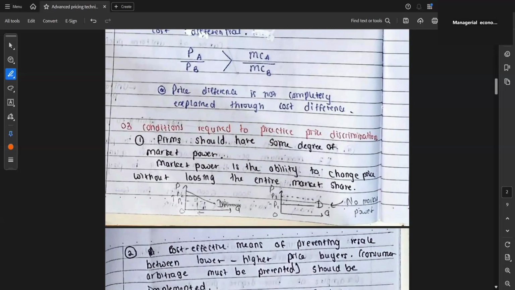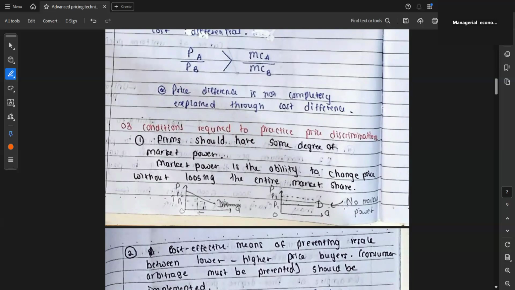So if a firm is unable to change its prices without losing the entire market share, as you can see in the second diagram, there is a perfectly inelastic demand. So if the firm increases the price, they are losing the entire market share, all the revenue.